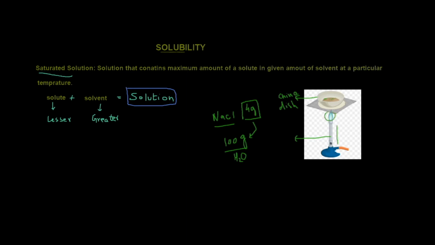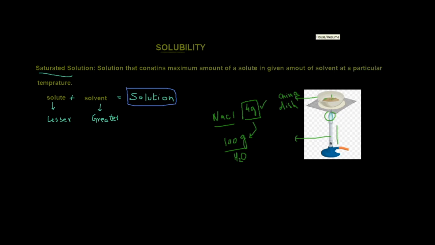The burner will provide heat, and by absorption of heat, the water present in the solution will evaporate. Now cool the china dish and weigh it. Calculate the mass of sodium chloride present in it. After cooling, the water would have evaporated and you would be left with that amount of sodium chloride.